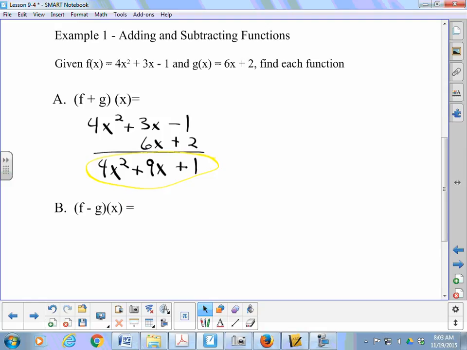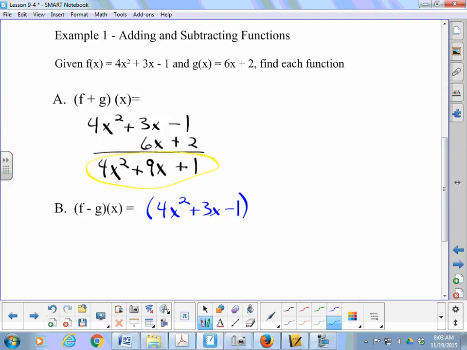When we subtract them, we need to make sure that we subtract correctly. And you have to make sure you have the right order too. So it does say f minus g. Remember that when it's subtraction, we are actually taking this whole polynomial and subtracting that whole polynomial.